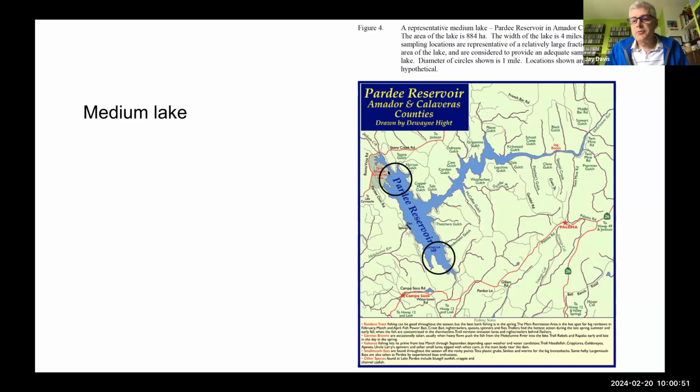The largemouth bass that we sample tend to have small enough home ranges that you could see differences from this side of the lake versus this side. And then we also monitor prey fish, which also have home ranges that let you see differences among locations like this. So as the lakes get bigger, we go first to two locations.